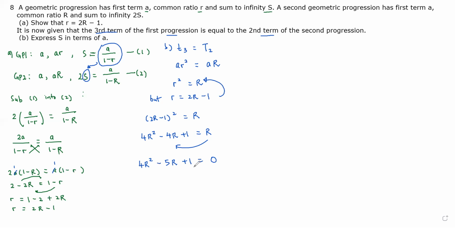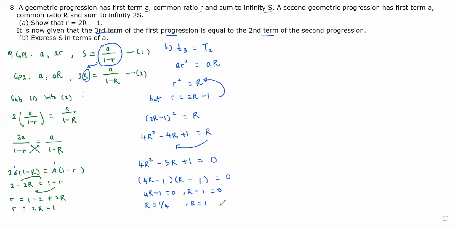We have a quadratic equation in terms of R, which can be factored to be 4R and R. The last term is a 1, both are negative. Then either 4R minus 1 is 0, or R minus 1 is 0. Isolating R, we have R equals 1 over 4, or we have R equals 1.